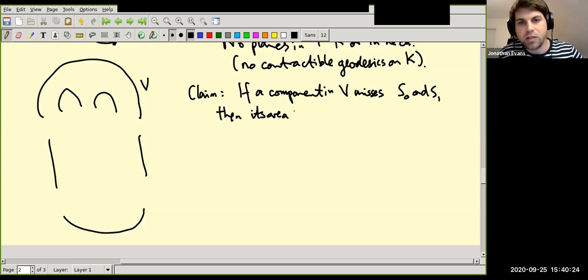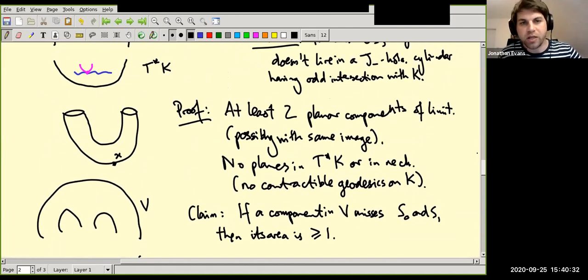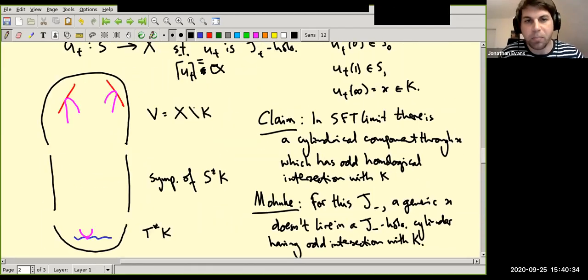is at least 1. So what do I mean by area here? This is a non-compact thing. Well, it's non-compact, but it's actually symplectomorphic to X minus the Klein bottle if you equip it with a suitable symplectic form.